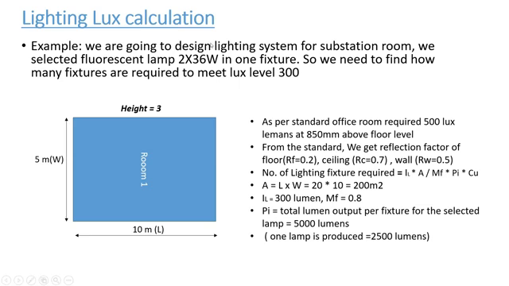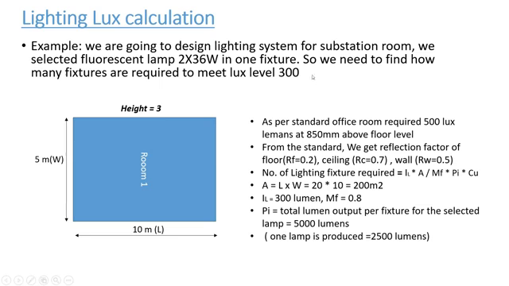Just consider we are going to design a lighting system for a substation. We are going to calculate the lighting level for the substation room, and as per the standard, the lighting requirement for the substation is 300 lux at 850 mm above the floor level. So from 850 mm above the floor, the lighting should reach 300 lux.